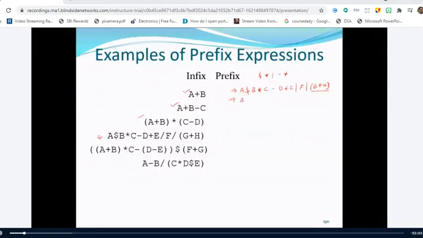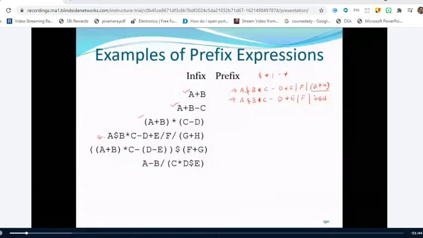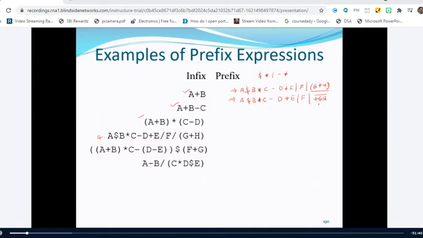You write everything as it is: a dollar b star c minus d plus e by f by, and g plus h converts to prefix as plus gh. As I told you, put an overline over this so that you can identify it as a single operator.